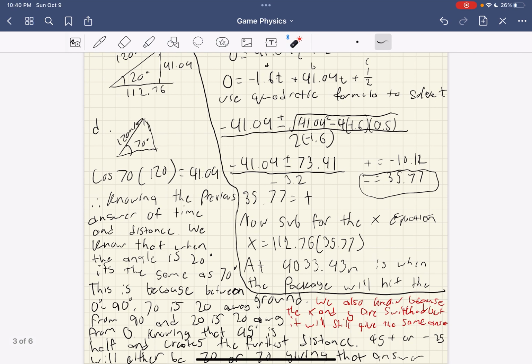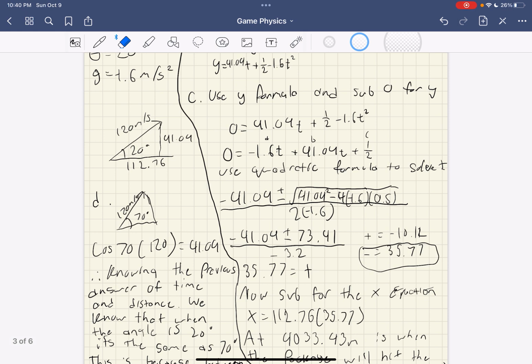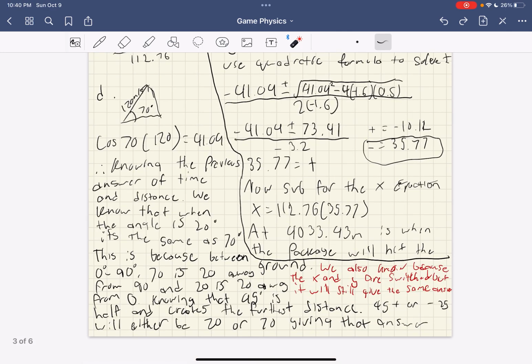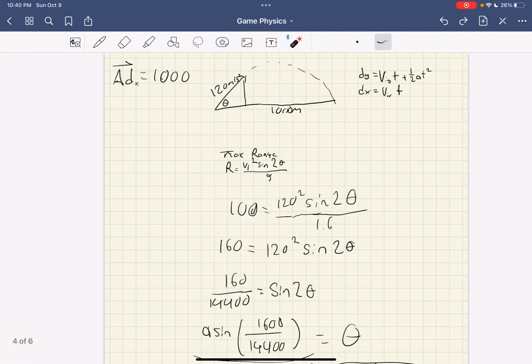Therefore, it will be the same distance for both of them. Knowing that the x will be 41.04 and the y will be 112.76, we'll be able to understand that it will be the same distance.